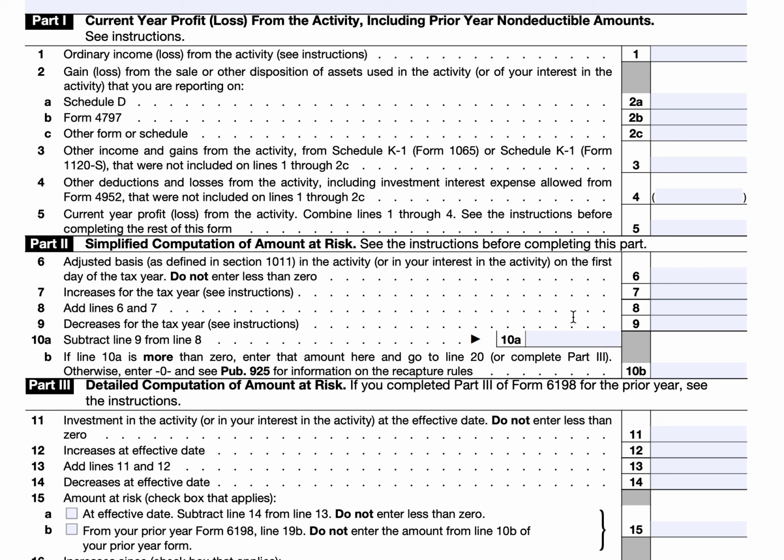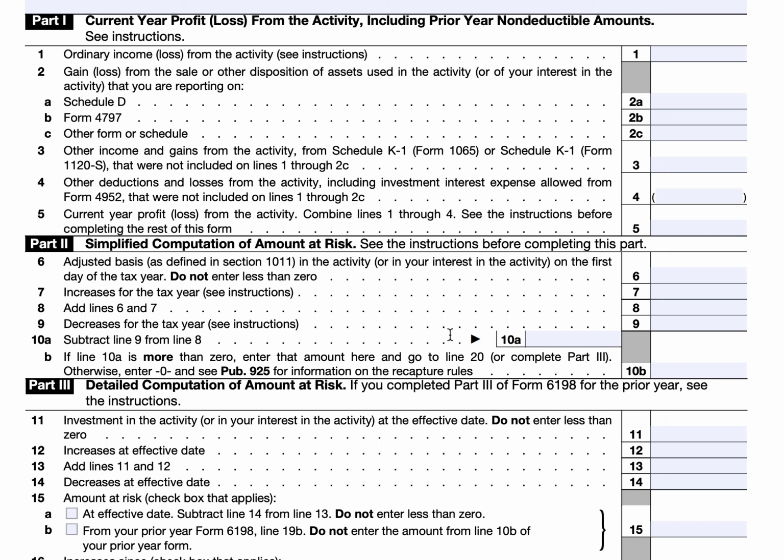So Part 3 takes a little bit longer, but it also might allow a little bit larger amount at risk. We'll go through each of these step by step, but you don't need one to do the other, and there might be situations where you can only do Part 3. So we'll cover Part 2 first.